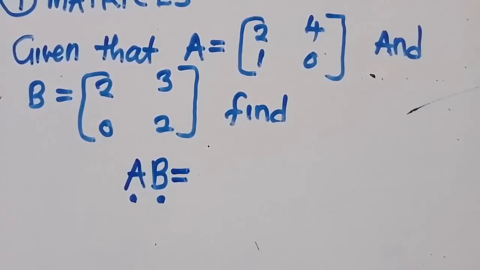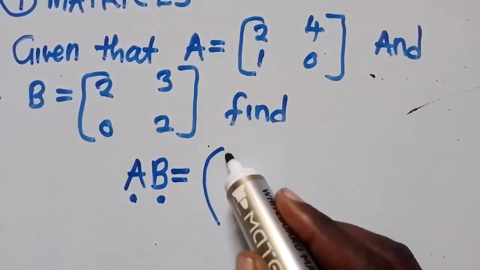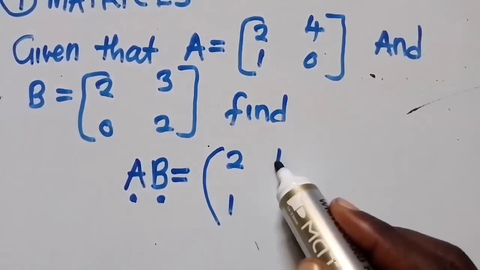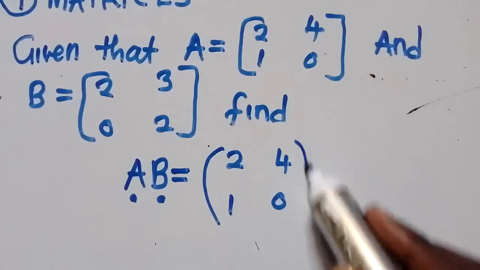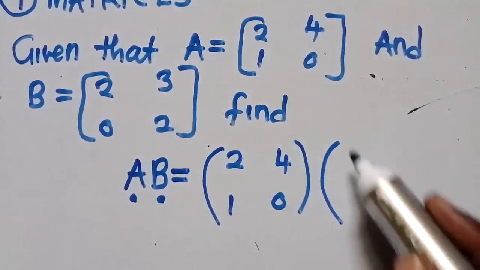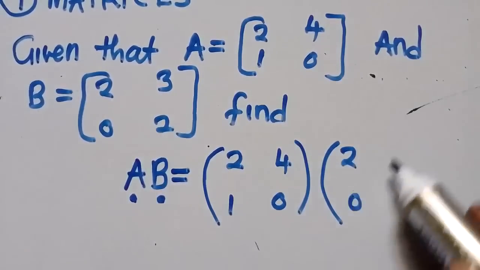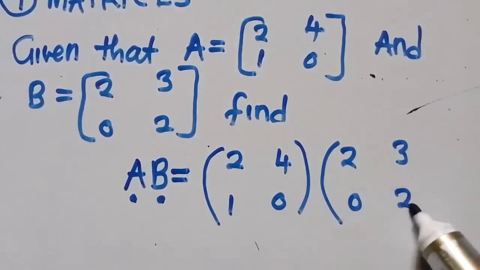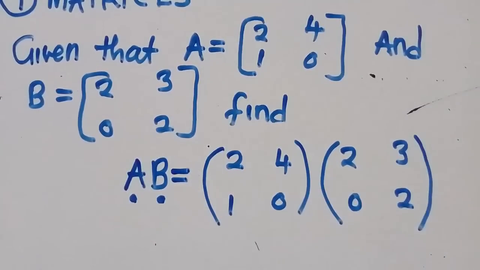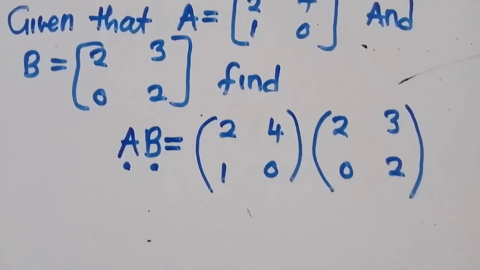How can we multiply the two matrices? A is 2, 1, 4, 0. B is 2, 0, 3 there, and a 2 there. These are the two matrices which we want to multiply.